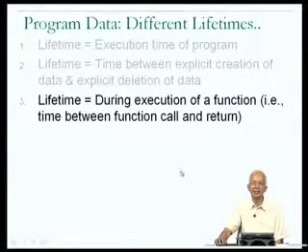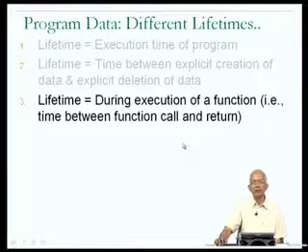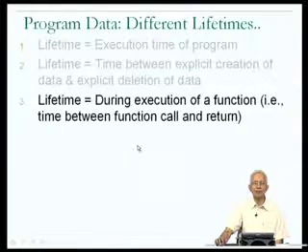The function is then executed, and when the body of the function has been completely executed, control is returned to the point of call, which is what I mean by the return. So what we are learning now is that there could be some pieces of data which come into existence when a function is called while the program is executing, and those pieces of data cease to exist when control is returned from that function.